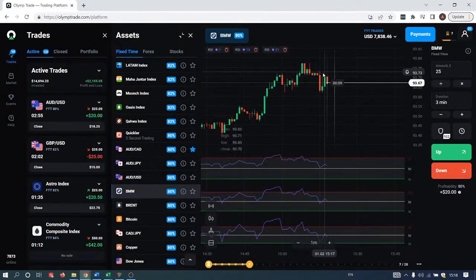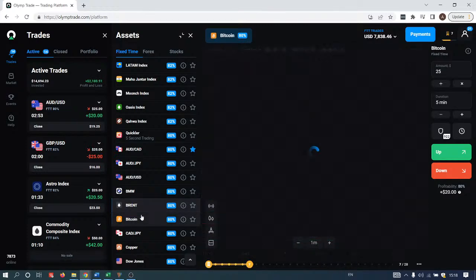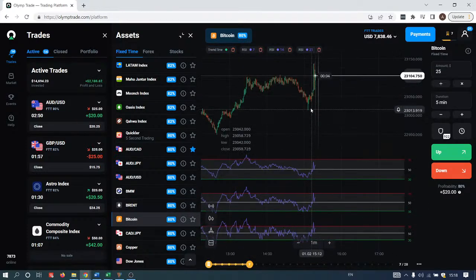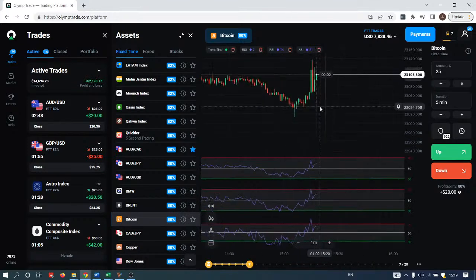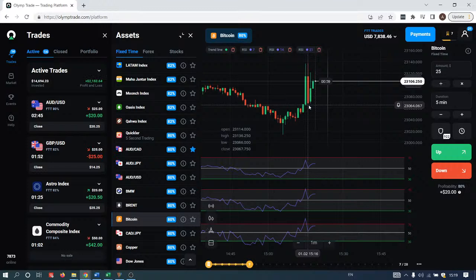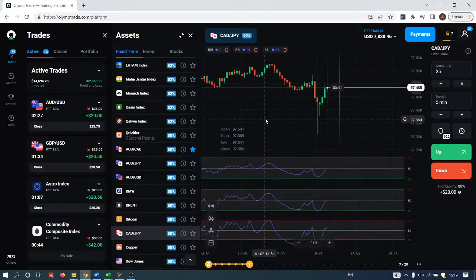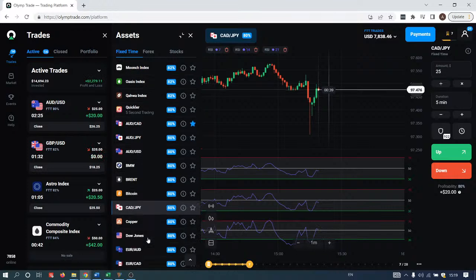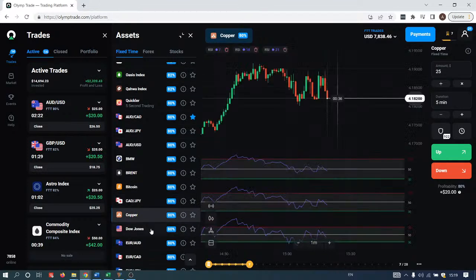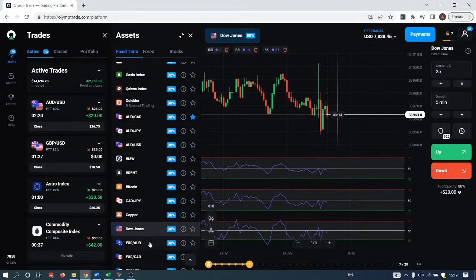BMW. Nothing really happening with that asset. So Bitcoin. Now, guys, it's very interesting that now Bitcoin, since probably the last few years, and especially since last year, started correlating with Nasdaq and with other stock indices in the world, first and foremost in the United States, which is a little bit strange, given that they have completely different nature.